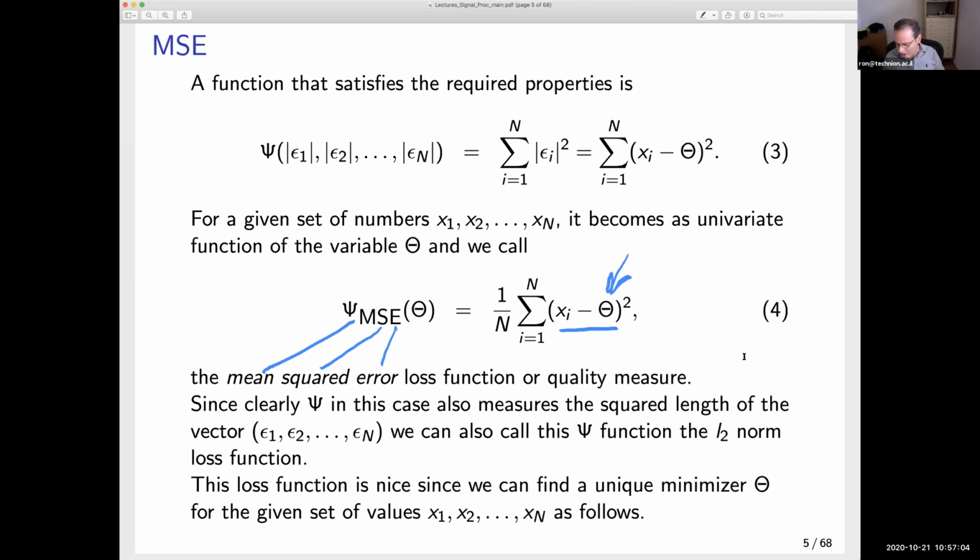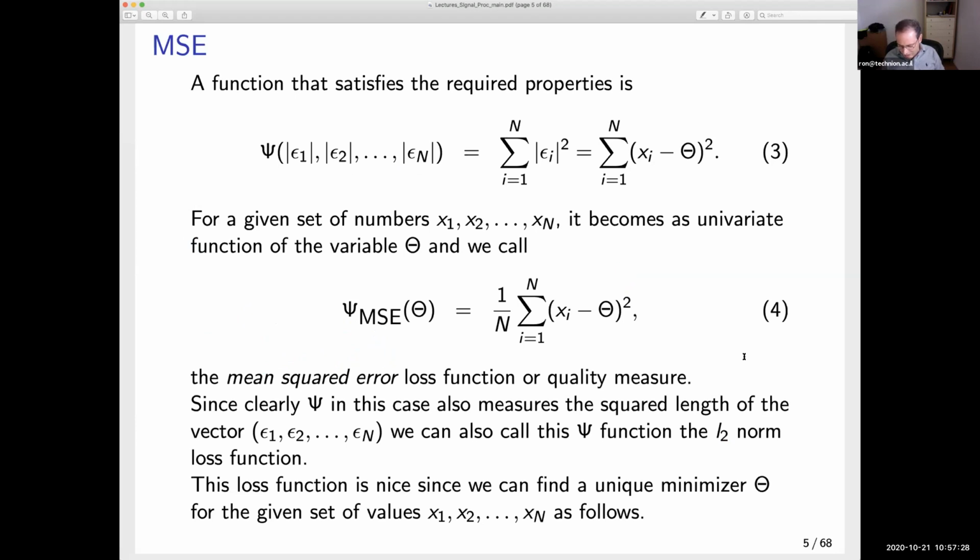It's also called L2 because if you think about the entries of my function, you can think about epsilon 1 being the first error, the first coordinate. Let me do it in another way.